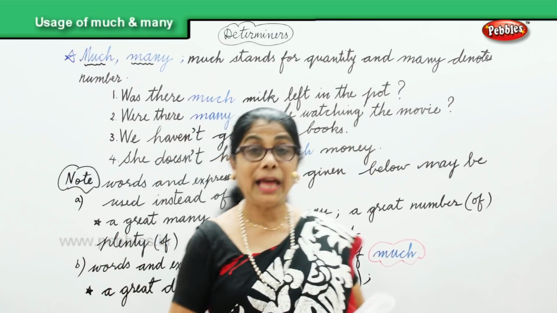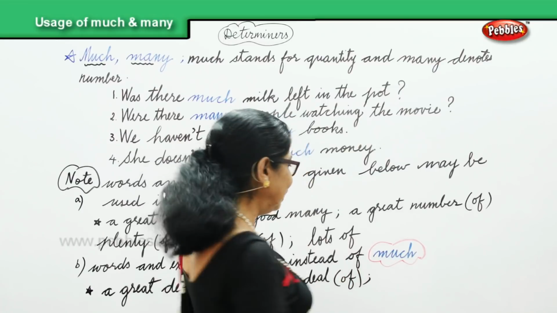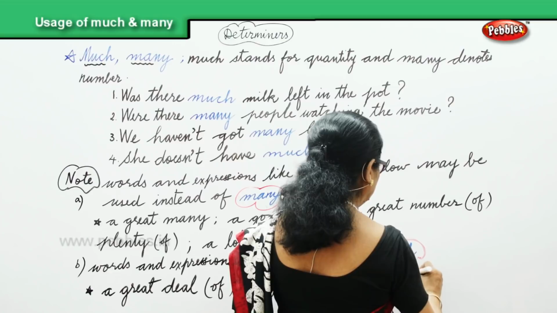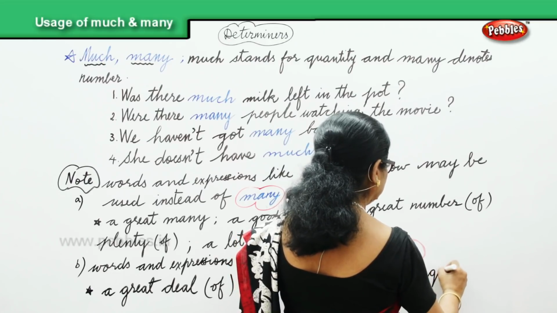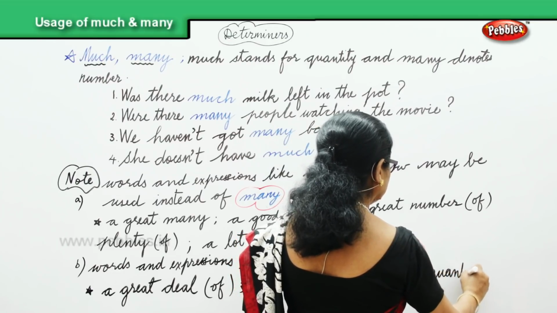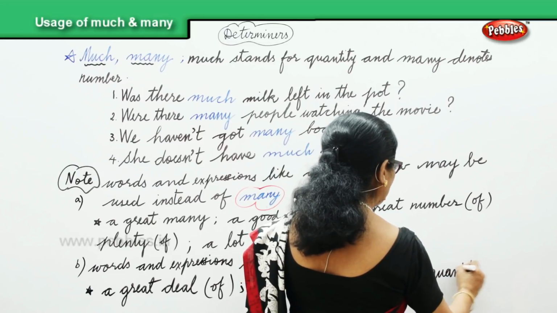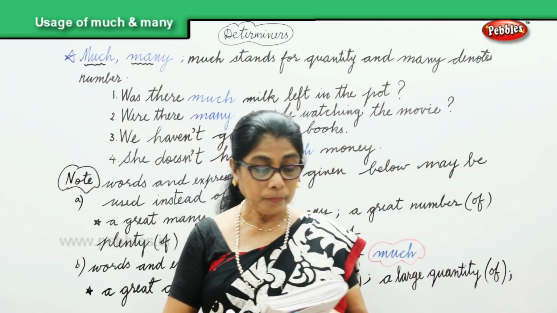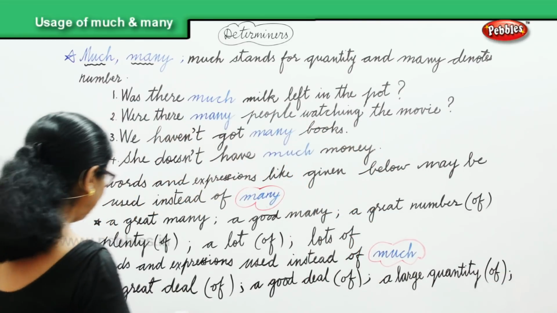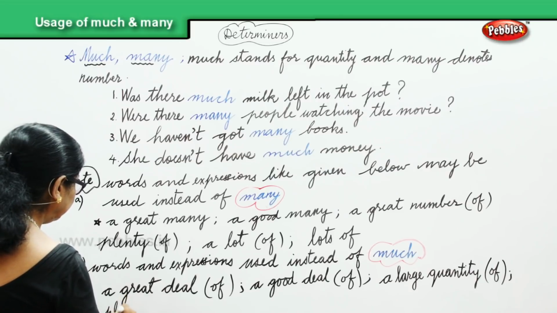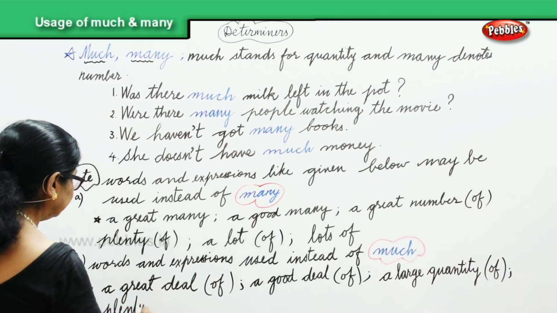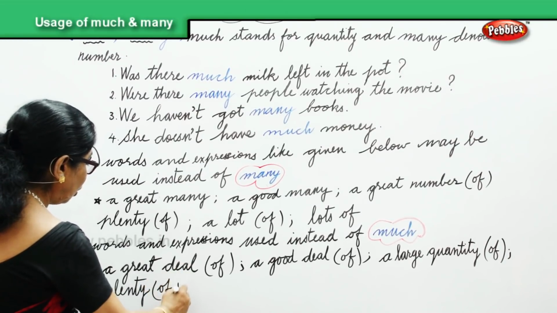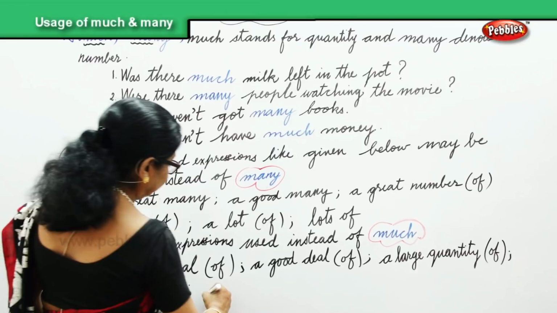Then we have a large quantity of. Then plenty of, or a lot of.